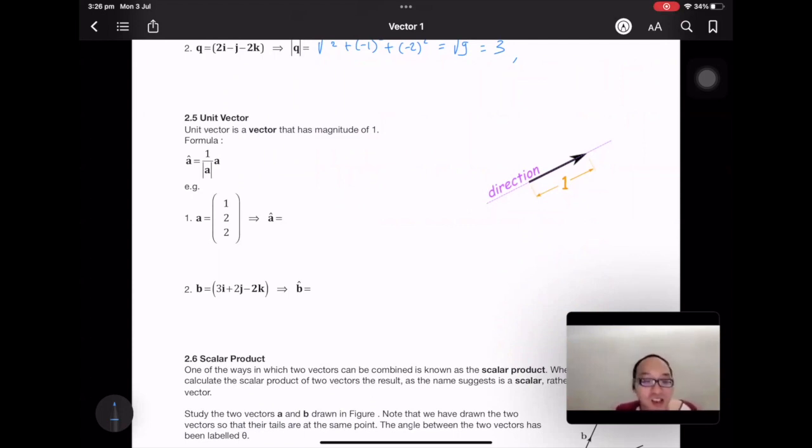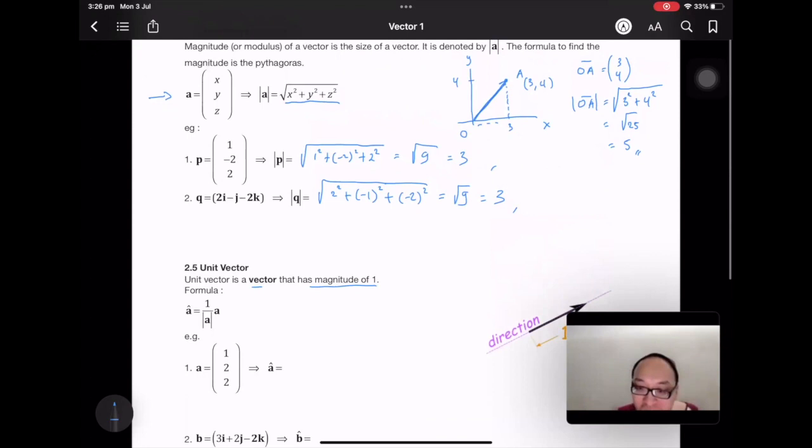Next, unit vector. What is a unit vector? A unit vector is a vector that has a magnitude of 1. It's a vector, it has direction, but the magnitude of the vector is 1. All vectors consist of unit vectors. For example, the vector OA here, we say that the length of OA is equal to 5.